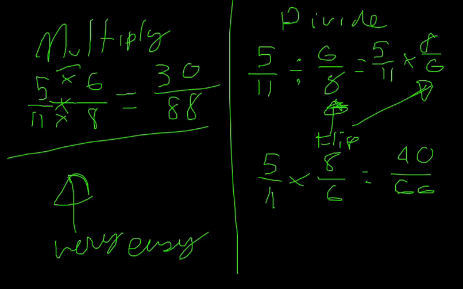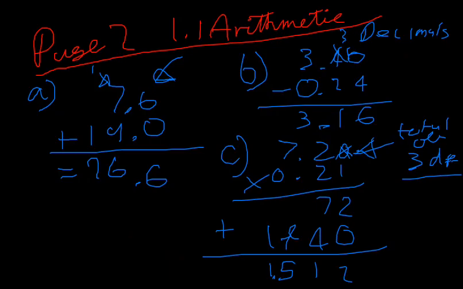So let's revise what we've done. We've started with page 2, arithmetic, and we've actually gone to page 4. Page 2 to 4, arithmetic. We've done decimal operations. We've done the AS on this page.